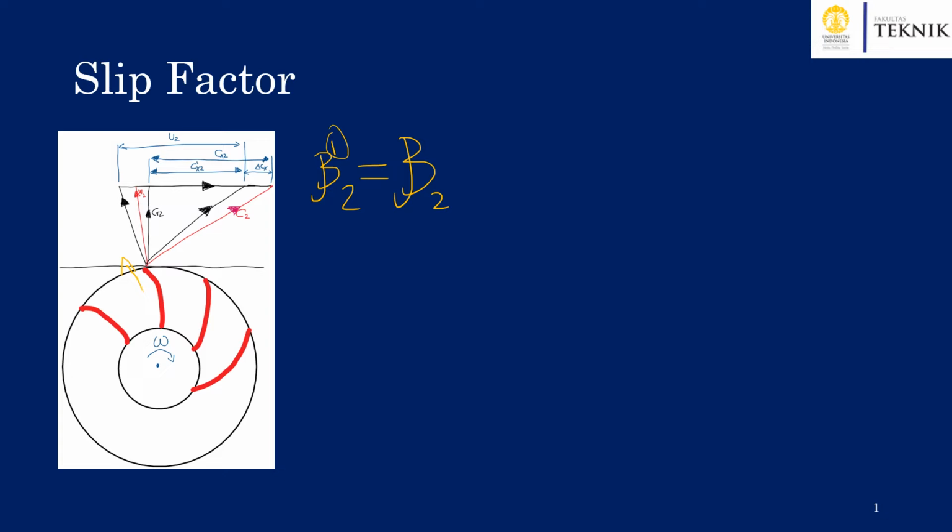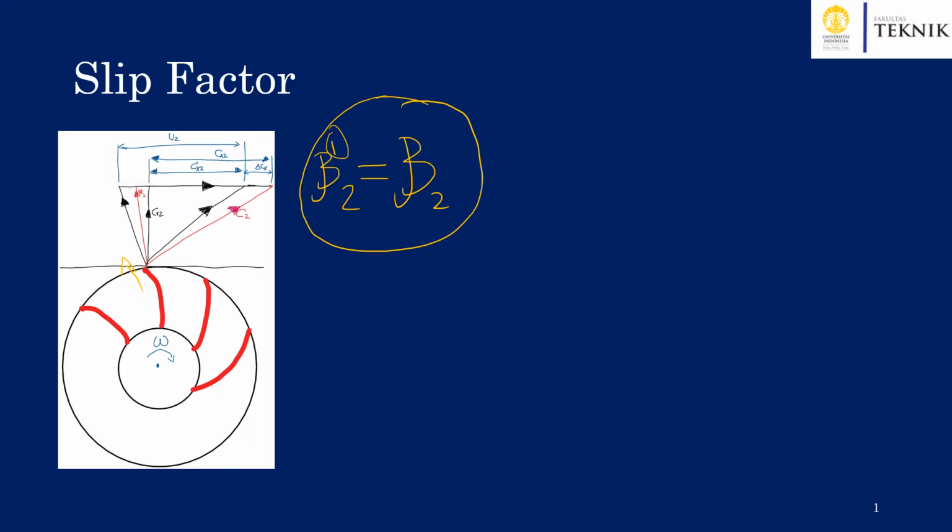In most cases, the conditions might not be ideal. Now we have two velocity triangles here, the red one and the black one. The red one represents the ideal conditions, when beta prime 2 equals beta 2, or the angle at which the fluid leaves the impeller equals the blade angle at the outlet.